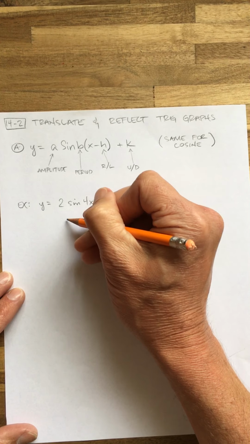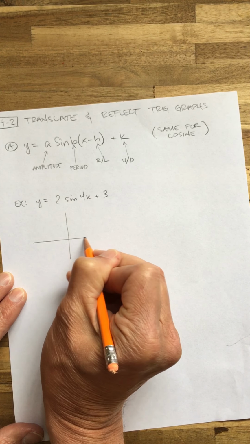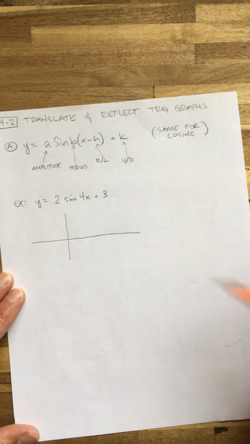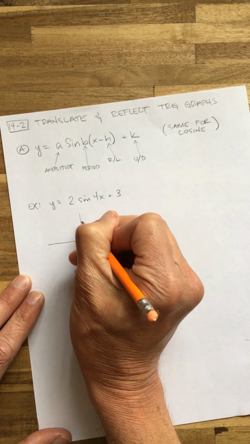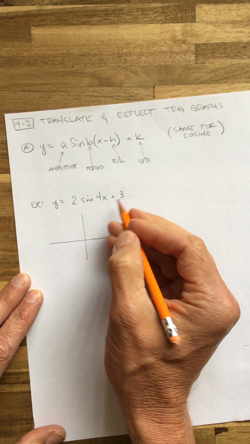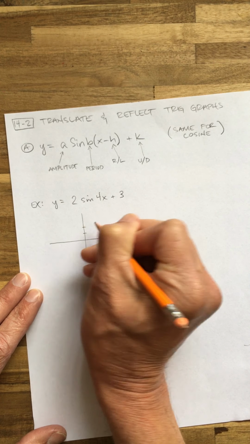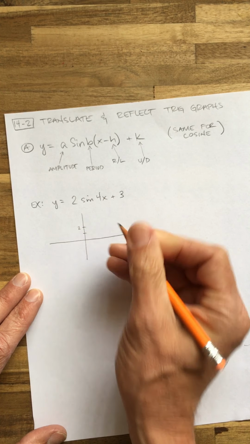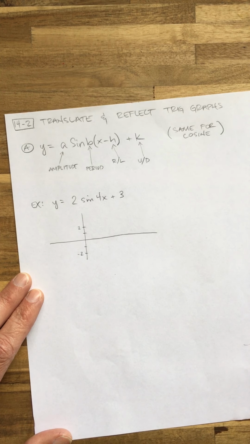First thing I do, I usually just set up my graph. I noticed the 2. That's my amplitude, so I'm going to put a 2 up here. Since I see this 3, I'm actually going to count it: 1, 2, there's my 2, and then down 1, 2, so there's negative 2.